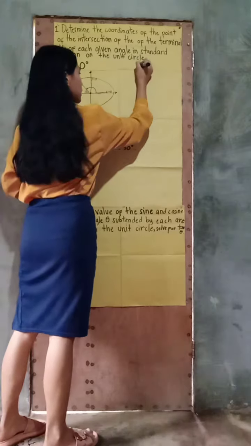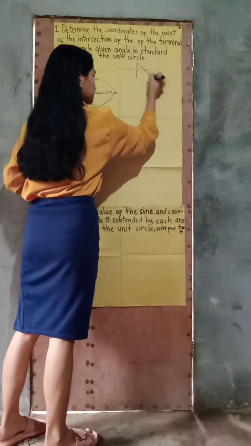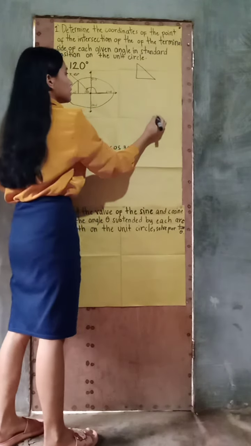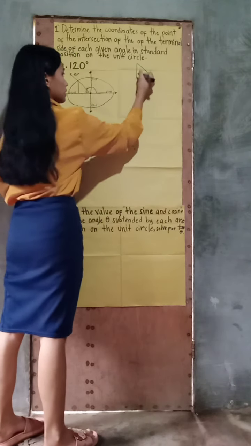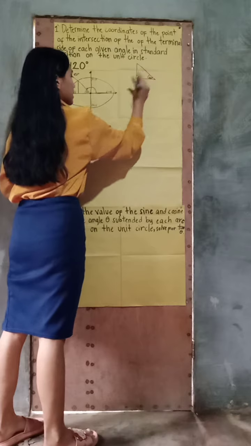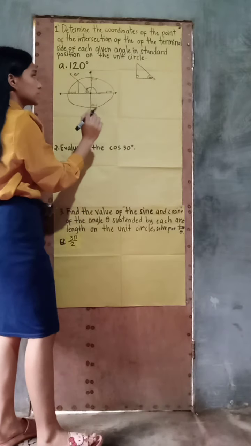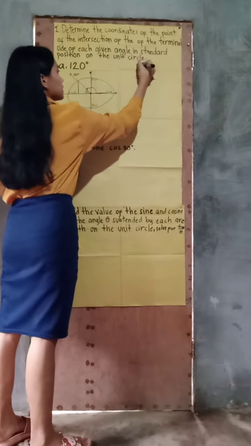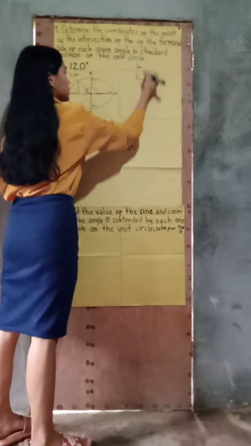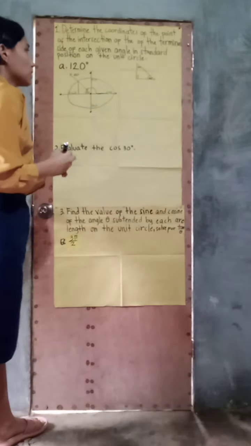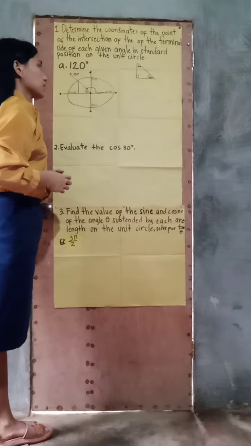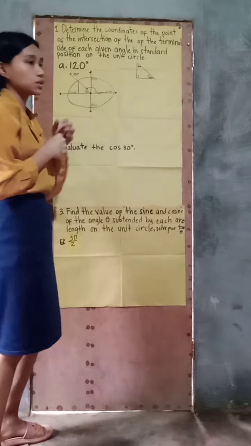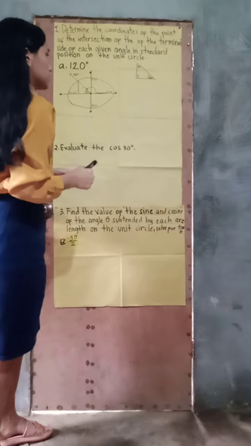So from the triangle, this angle is 60 degrees. Here is the 90 degrees, and we can easily say that this angle measures 30 degrees because the sum of the angles of a triangle is equal to 180 degrees.